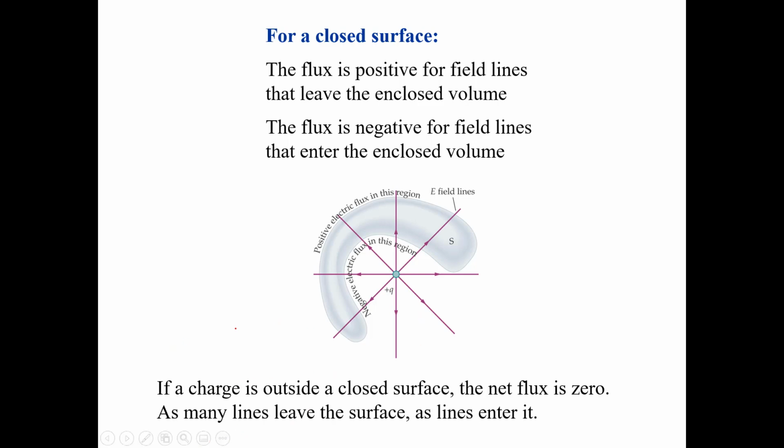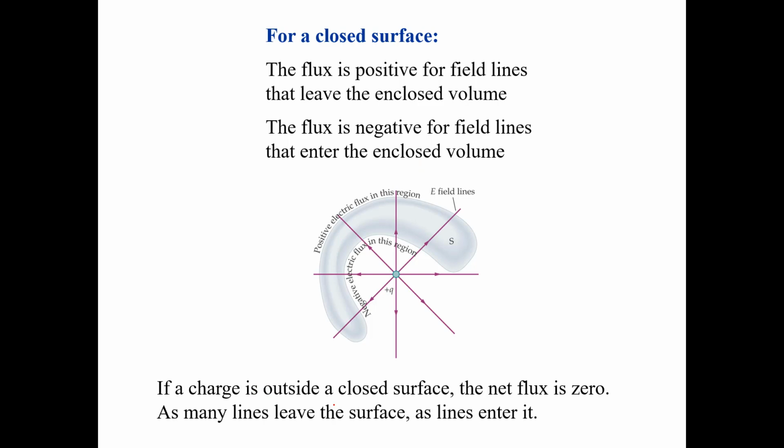For a closed surface such as this one, the flux is positive for field lines that leave the enclosed volume, and it is negative for field lines that enter the enclosed volume.